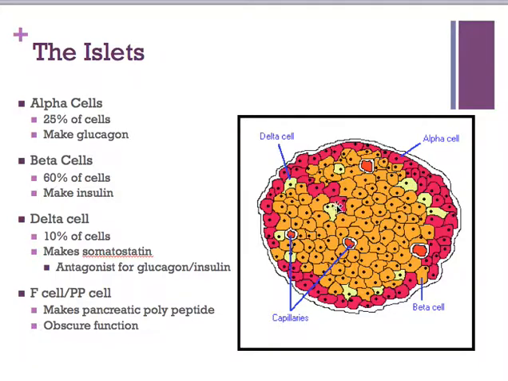And somatostatin, soma is body, statin comes from the word stasis, which means location. So that's not a great descriptor, somatostatin, but what it is telling you is that it's something that tries to make static the body glycemia. Somatostatin is an antagonist for glucagon and insulin. We don't have a large axis type feedback here.